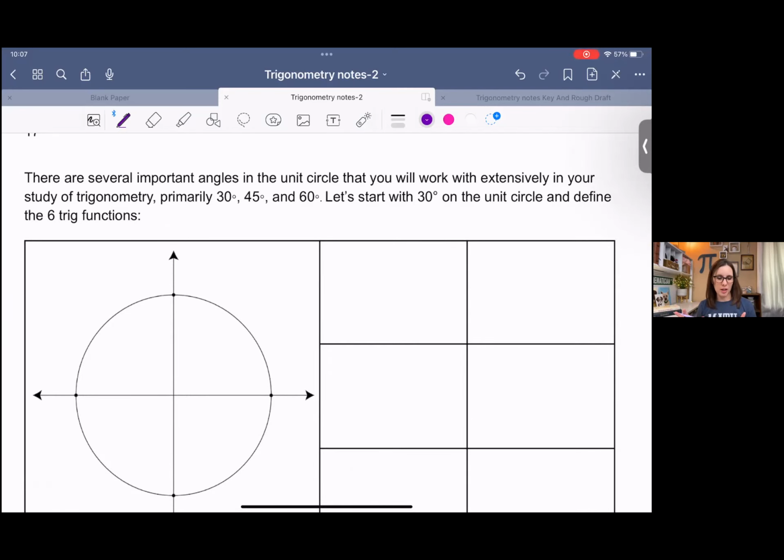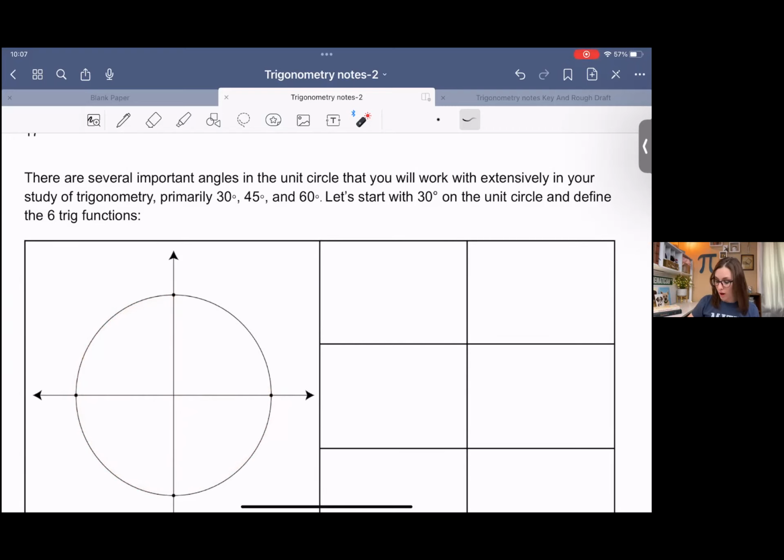We've already looked at 90. 90's in there as one of the important ones, but basically these angles in this region, we're going to figure out what the trig functions are of those angles, because when we figure out these angles, all the ones on that quadrant, then if we just change the signs, we can use their reference angles to figure out all the others.